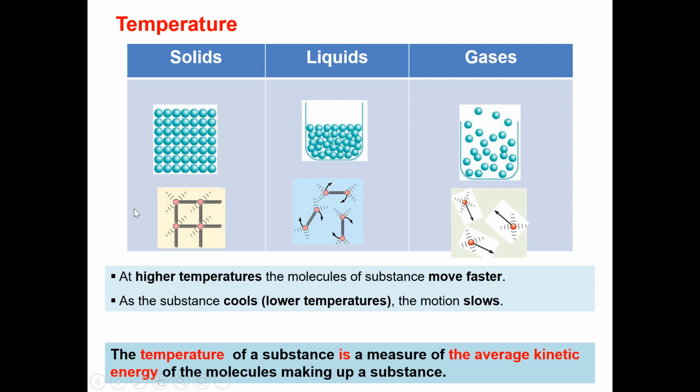If we increase the temperature, the molecules can vibrate faster. When we are measuring the temperature, what we are really measuring is how fast or how slow the molecules can move.